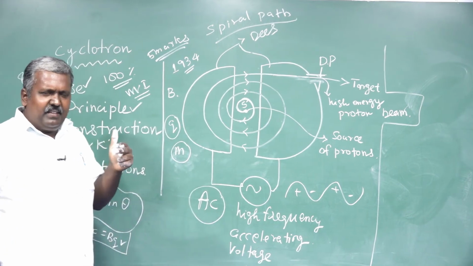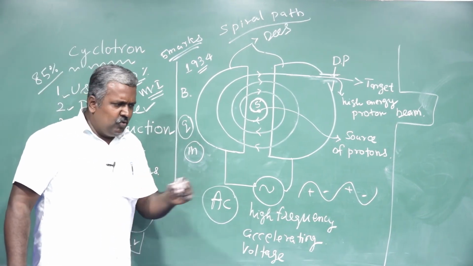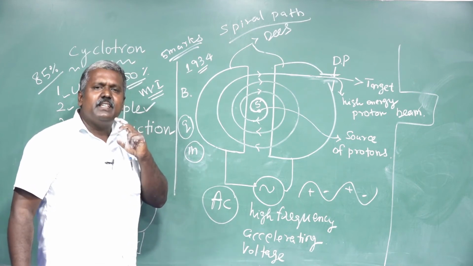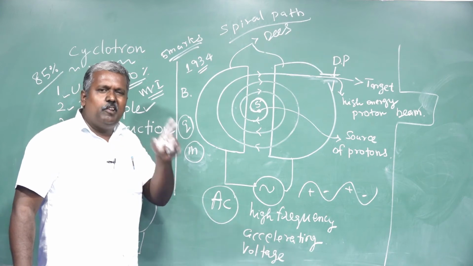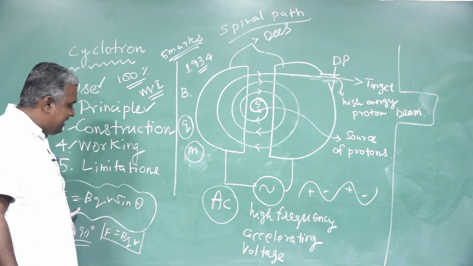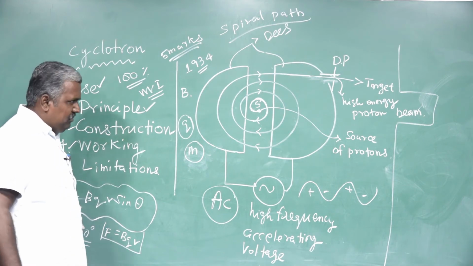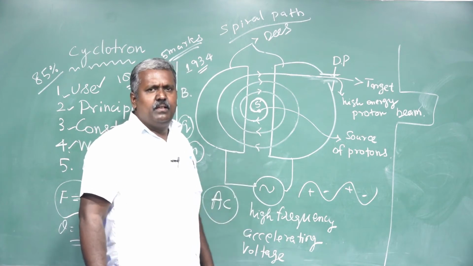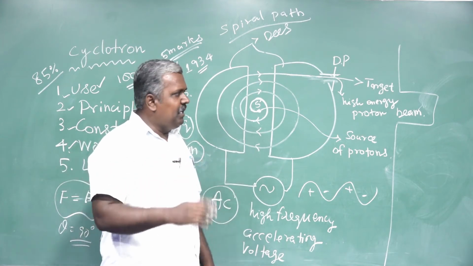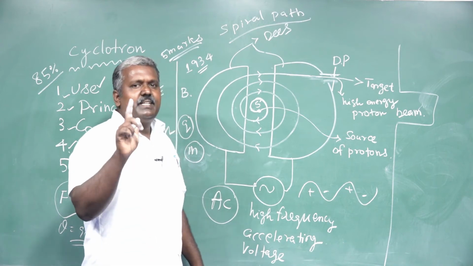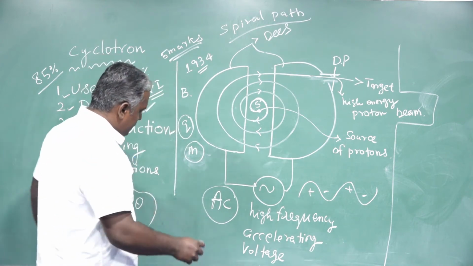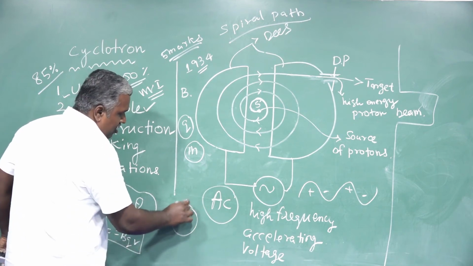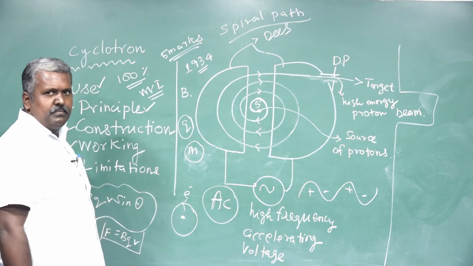Remember in your mind, when a charged particle moves perpendicular into a magnetic field, it experiences a magnetic Lorentz force. Its magnitude is already written on the board. This magnetic force provides the necessary centrifugal force. Because this is the nucleus, around this nucleus electrons are revolving in a circular path.